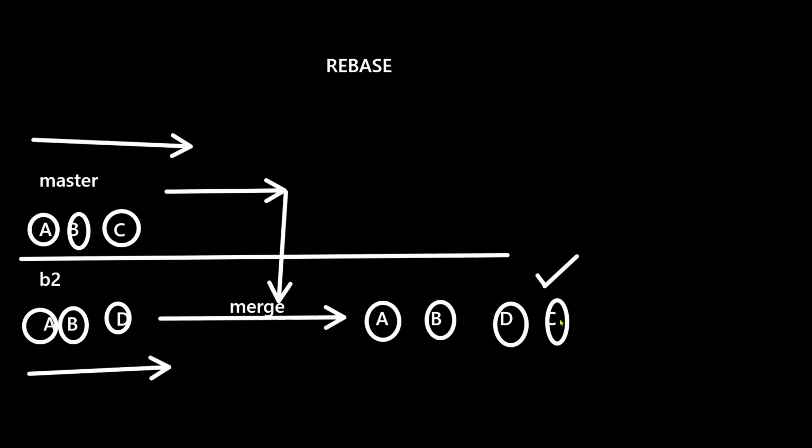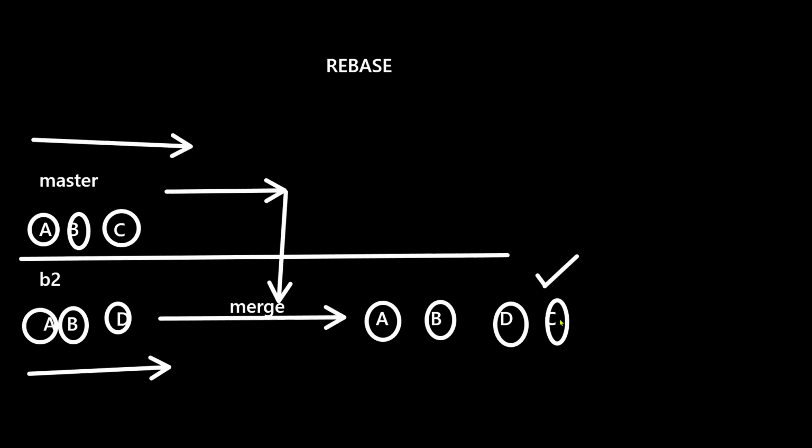C is a commit from master that will be added as the latest commit into the current branch where you are merging. If there is no conflict, same ID, C will be there. If there is a conflict, the ID may change. But it will be added as a topmost commit. Is this much clear for each and every one of you? Understood?